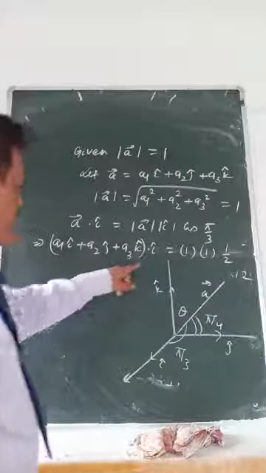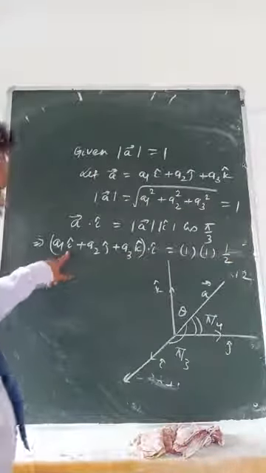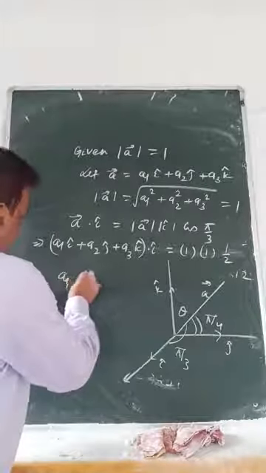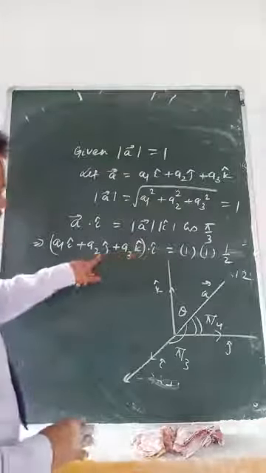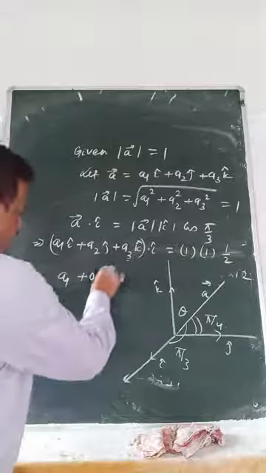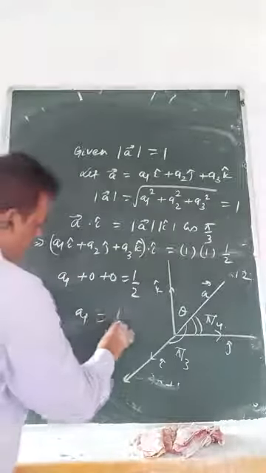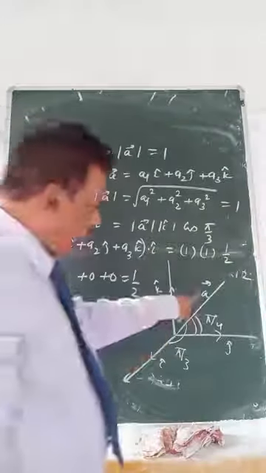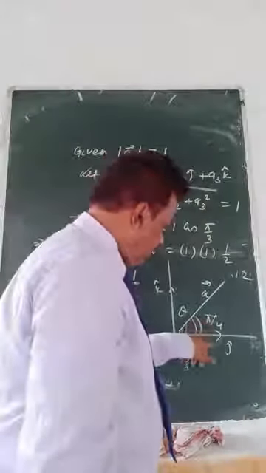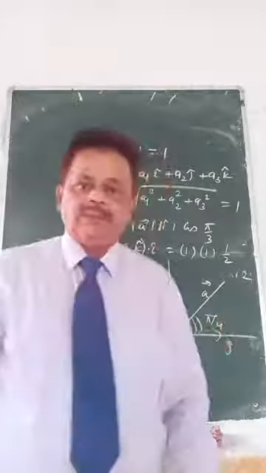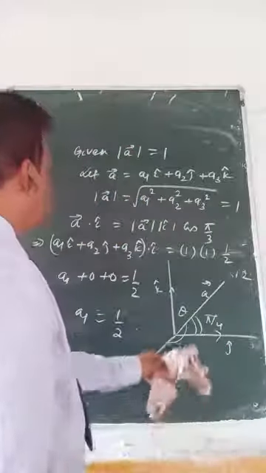So look here, I dot I is 1, that means it is A1 plus 0, because I dot J is 0, I dot K is 0. So you got A1 equals half. Again the same vector is making angle pi by 4 with J.